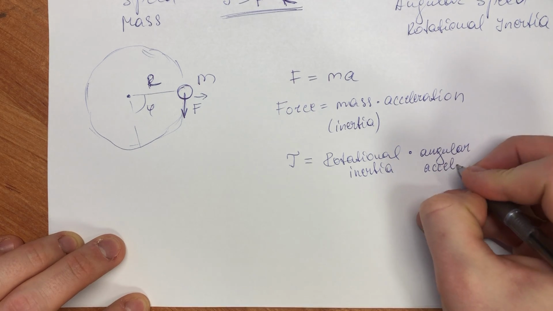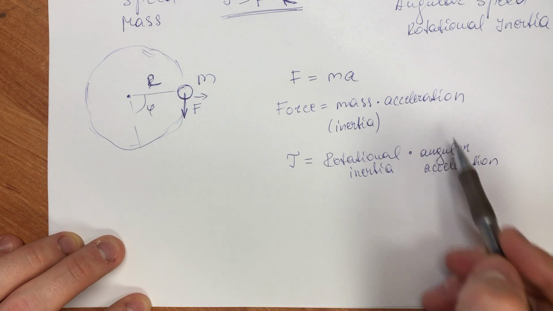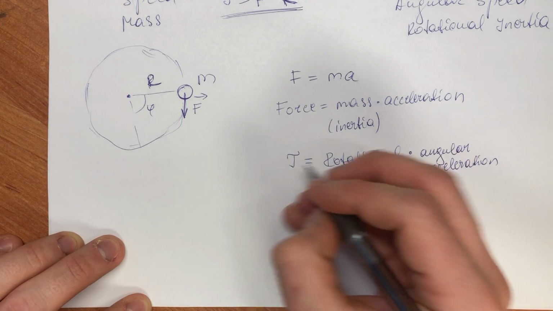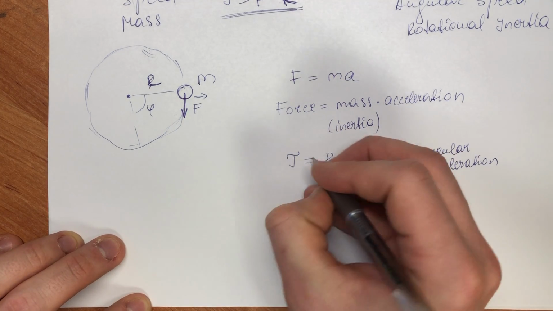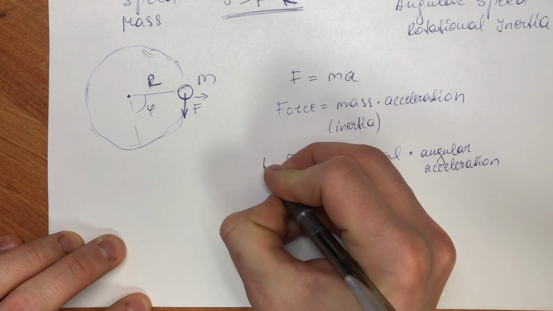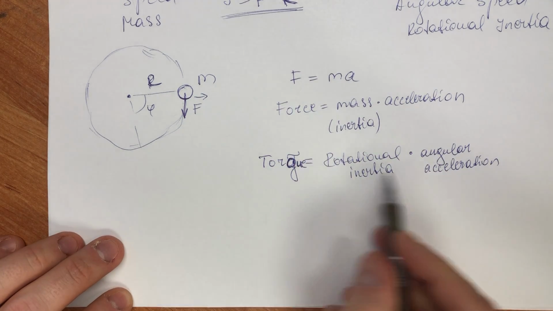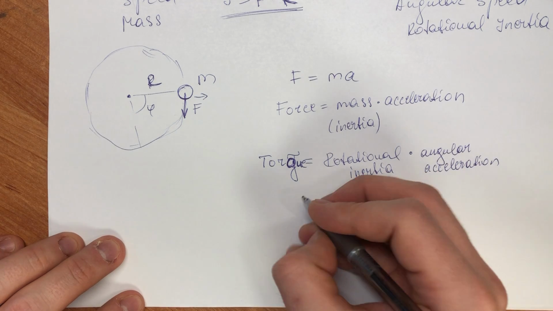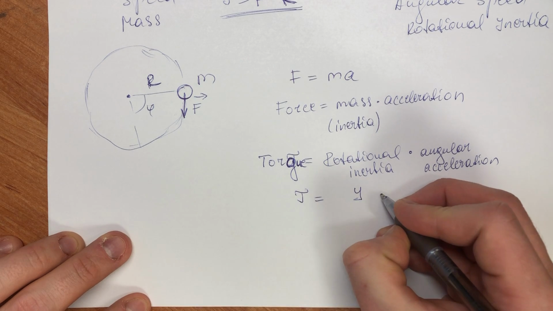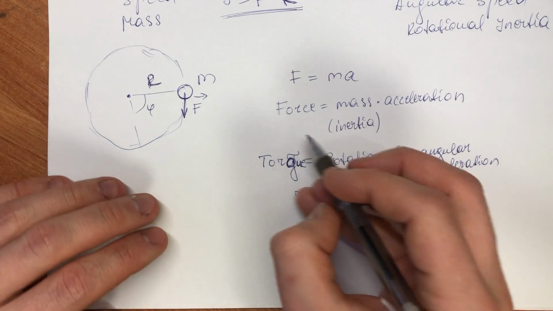It is the same, just these are the equivalents: mass, rotational inertia; acceleration, angular acceleration; and force, torque. So torque is equal to T equals I, capital I the rotational inertia, times angular acceleration epsilon. So these are the equivalents.